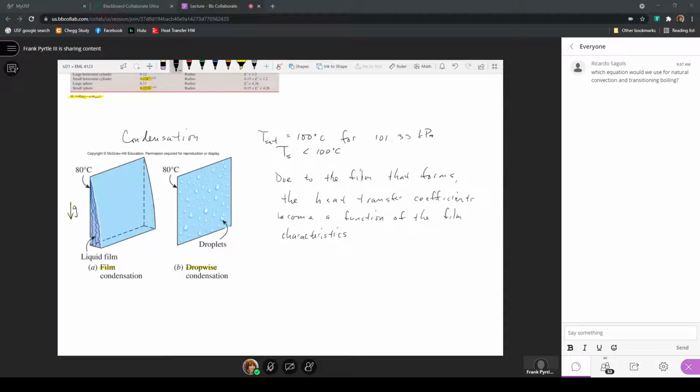That has to do with how thick the film is and what the flow is like, because here the flow of the fluid is going to be a function of the rate at which condensation is occurring on it.